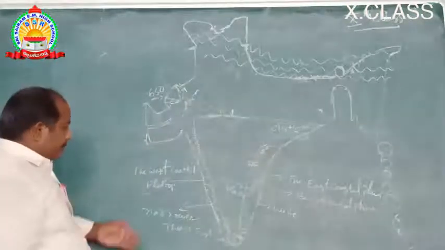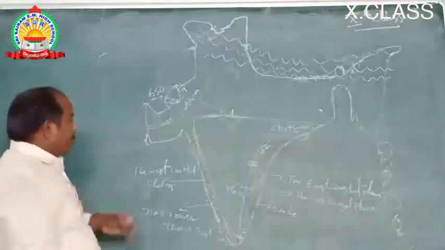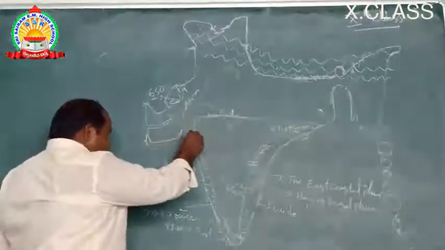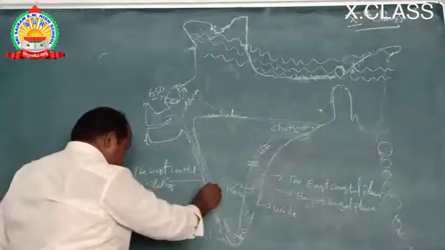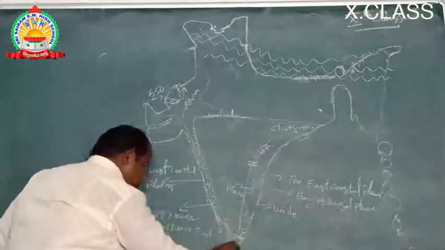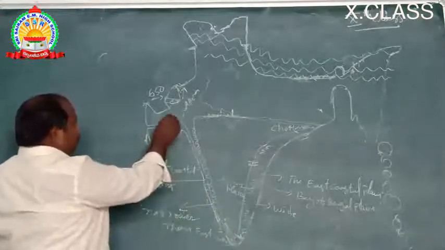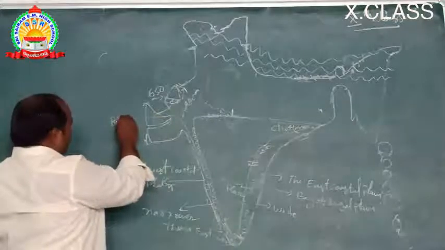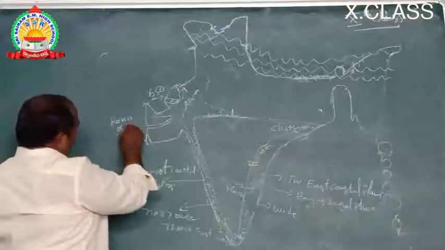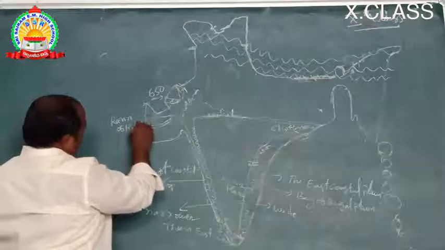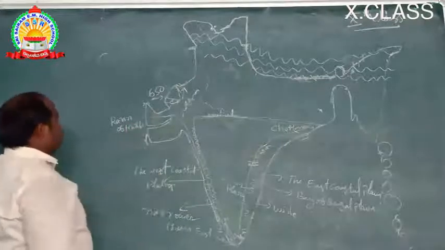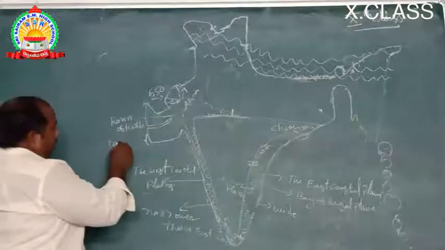The west coastal plain starts from the Rann of Kutch to Kanyakumari.